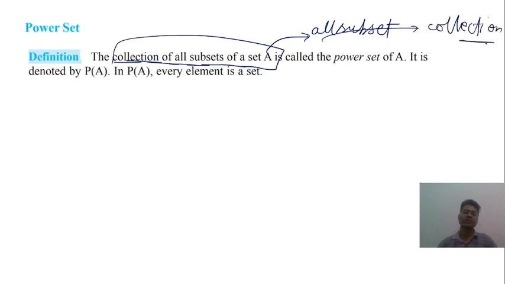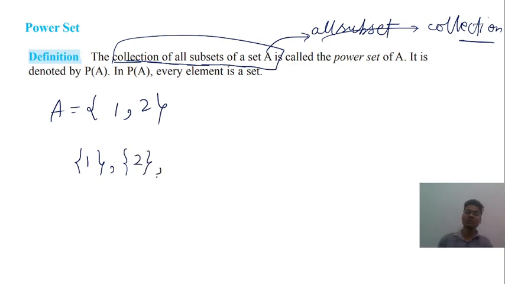Then finally you will get the power set of A. So I will explain this as, suppose A has two elements. How many subsets can you make? You can make one, you can make two, so we can make only two subsets of this set A.